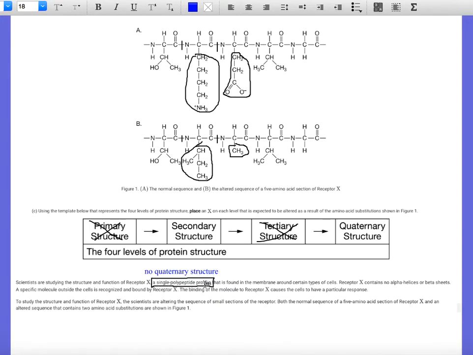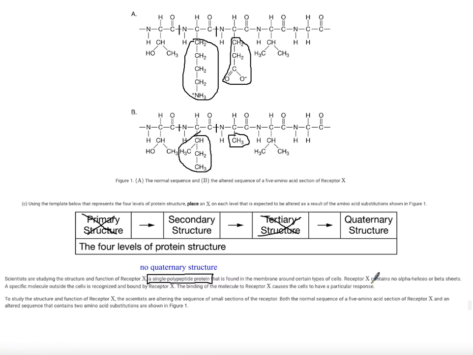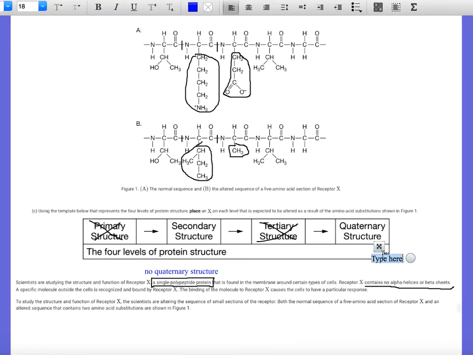So that's what tells you there's no quaternary structure. And then it also says that it contains no alpha helices or beta sheets. Since it contains none of those things, it contains no secondary structure, because that's what secondary structure is. So that's why I didn't put X's there and there.